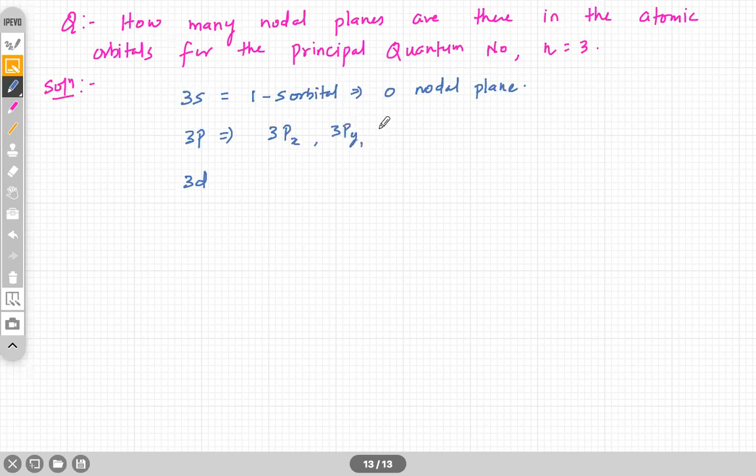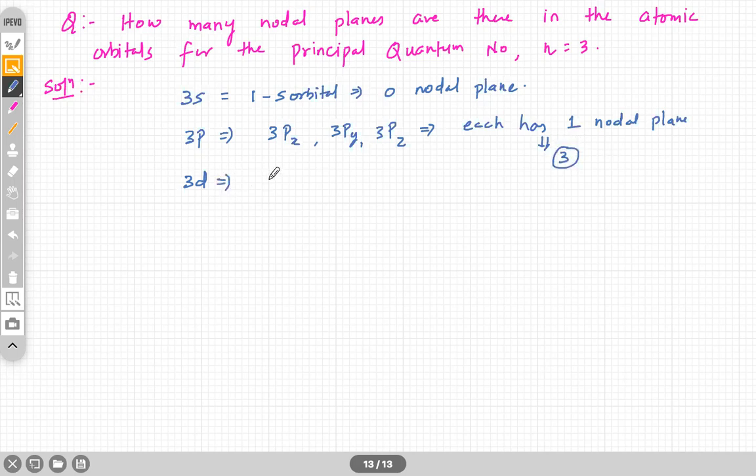Yes, Anurag, correct. Each of these orbitals has one nodal plane. It means we have a total of 3 nodal planes here.